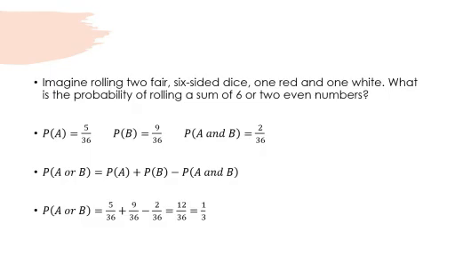I would recommend not reducing the fractions until the very end, because then you can just add the tops together and keep the denominator. So again, if they were mutually exclusive, the probability of A and B would be 0, and that's why we don't subtract out anything, because that probability is 0.